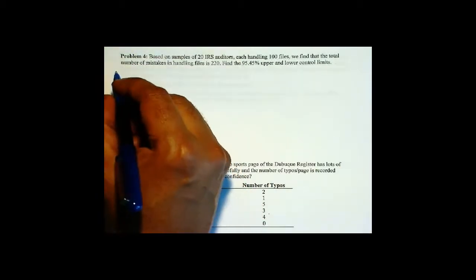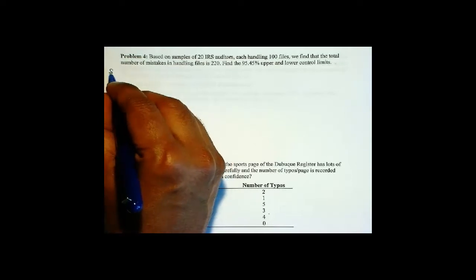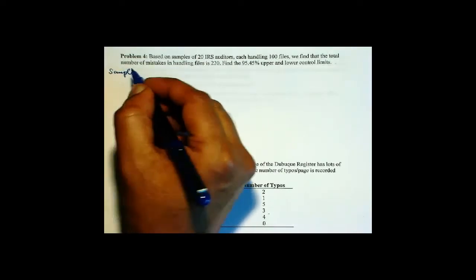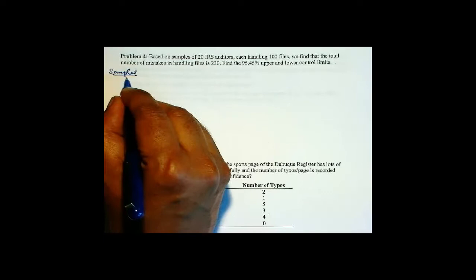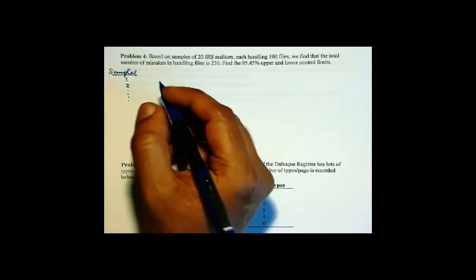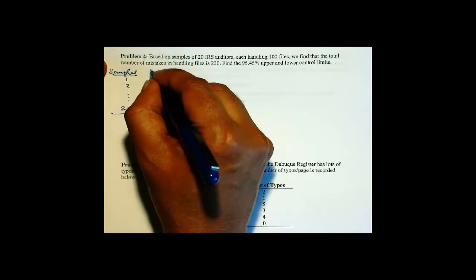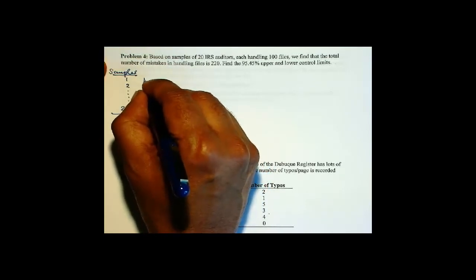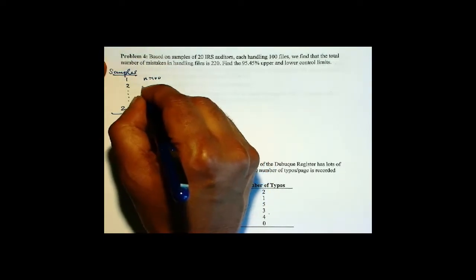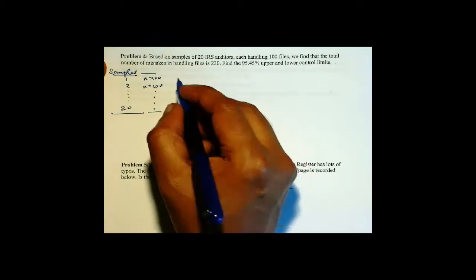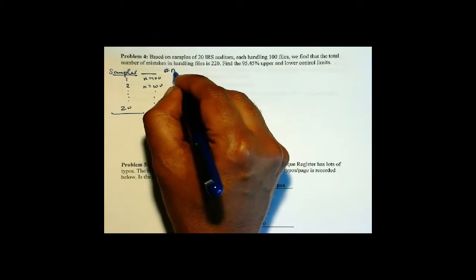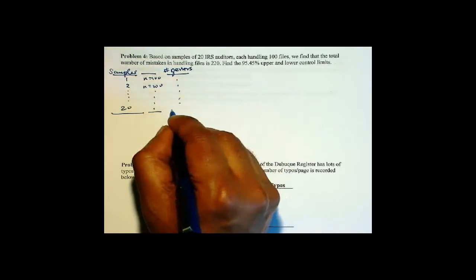We have 20 samples taken, each of 100, and the number of errors, that sum is 220.